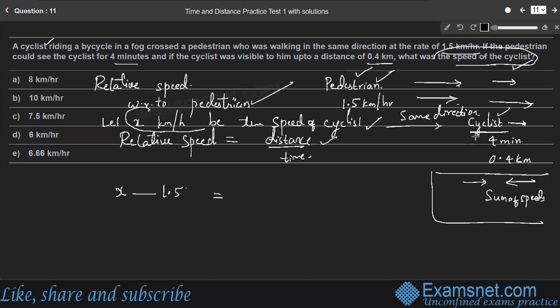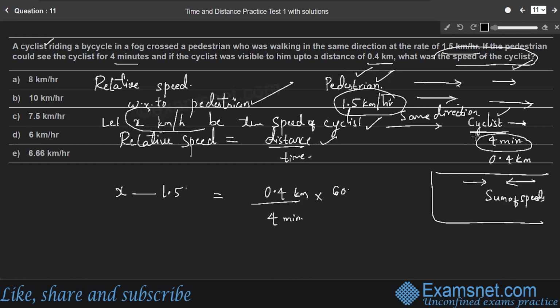So distance is 0.4 km, time is 4 minutes. Since the speed of the pedestrian is 1.5 km per hour, we'll express the time taken by the cyclist also in terms of hour. So 4 minutes divided by 60, 4 by 60 hour it becomes.